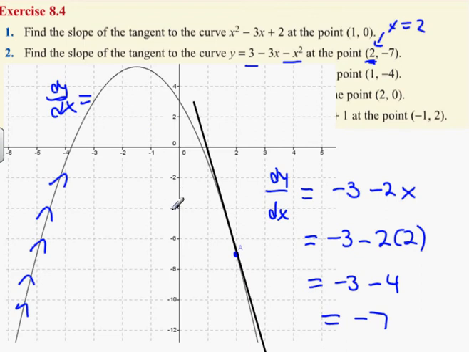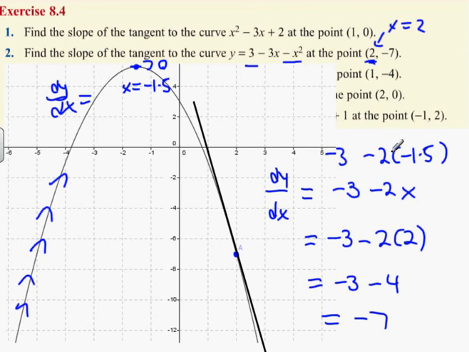Okay? Now, do you see where x equals minus 1.5? See the way the slope is 0 at that point? Because it's going straight across. It's the tip. It's the maximum point. Yeah? Look what happens when I replace x with minus 1.5 into that slope formula.